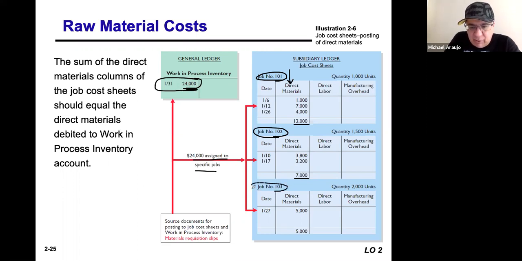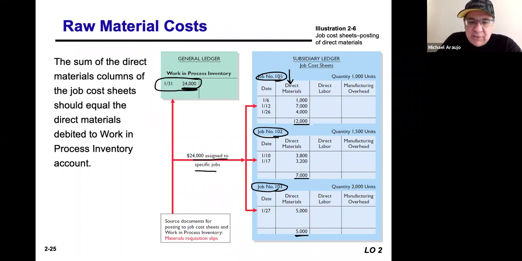And job number 103 has the remaining $5,000 of this $24,000. So again, 12 plus 7 plus 5 is 24. This is just showing you how the $24,000 of direct materials are assigned to each job, right?